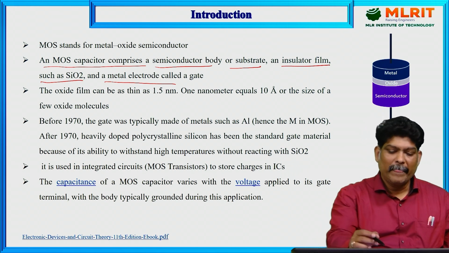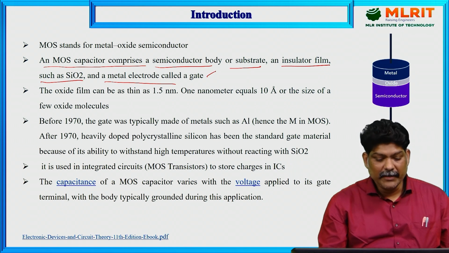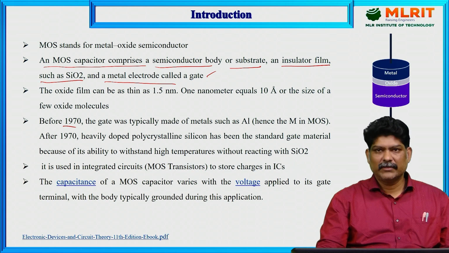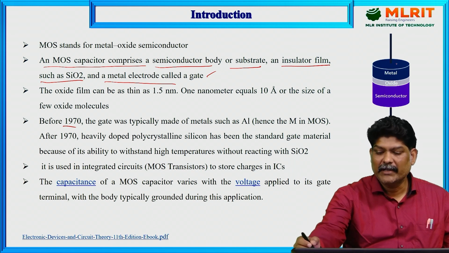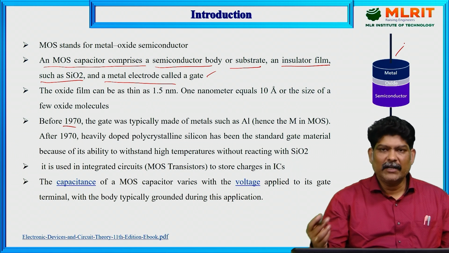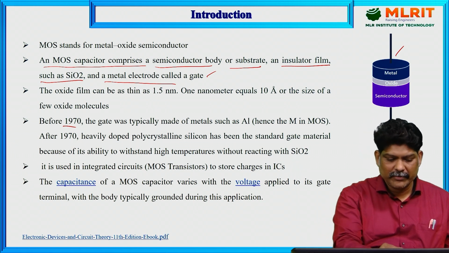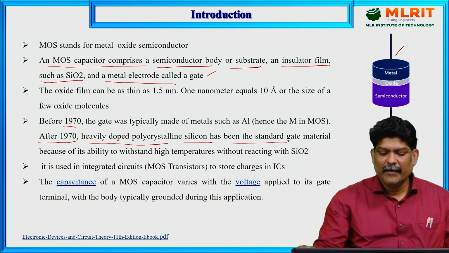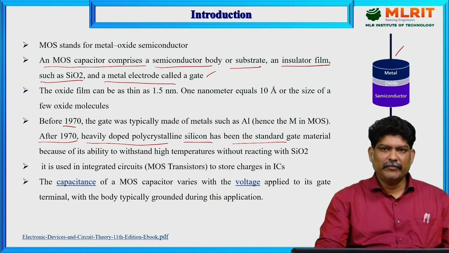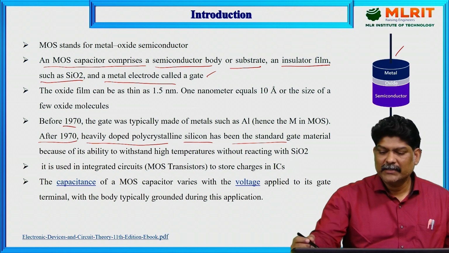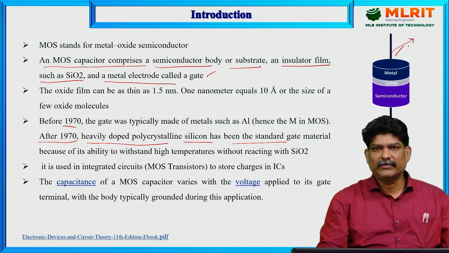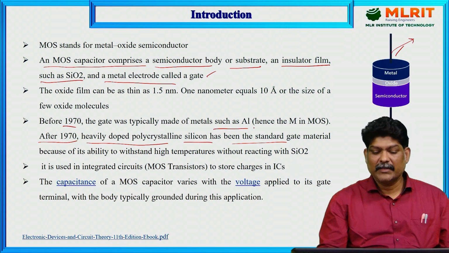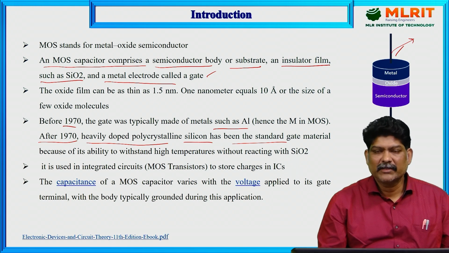In olden days, before 1970, a metal such as aluminum was used to form the gate terminal. After 1970, heavily doped polycrystalline silicon has been the standard gate material, hence the name metal oxide semiconductor.